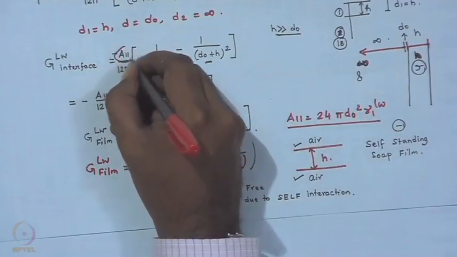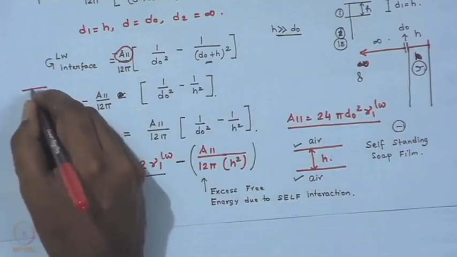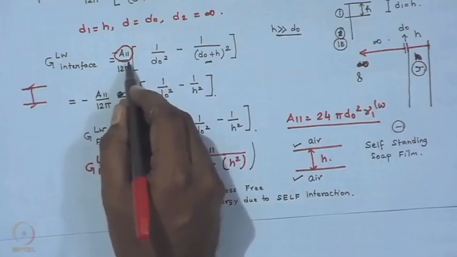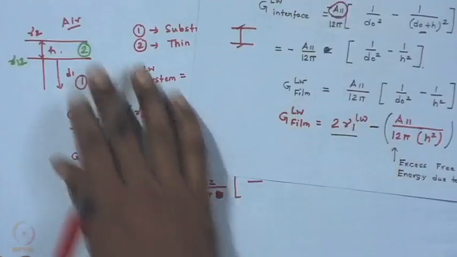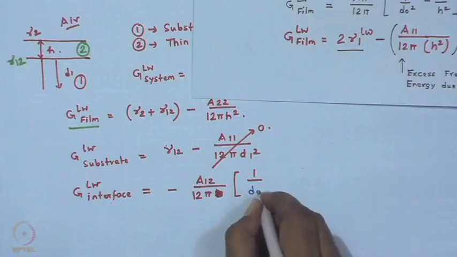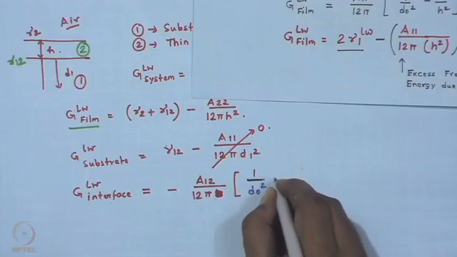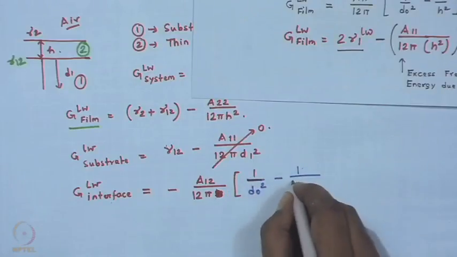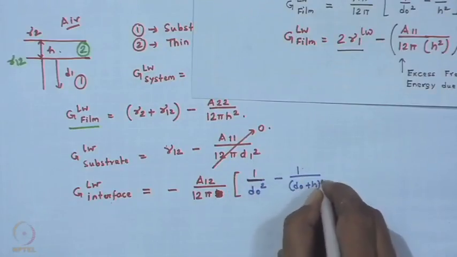Of course, earlier it was an interface between 1 and 1, therefore it was A 1 1. Here it is an interface between 1 and 2, therefore the term gets replaced with A 1 2, but other terms remain the same. So, the interfacial width is d 0 square minus d 0 plus h square.